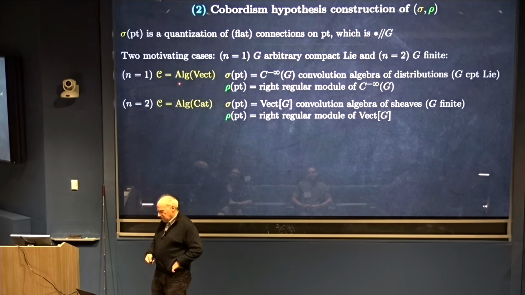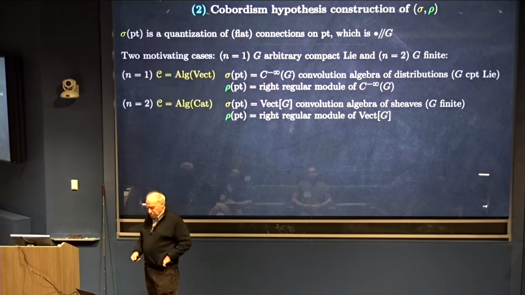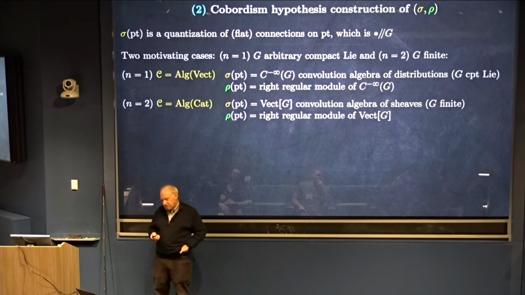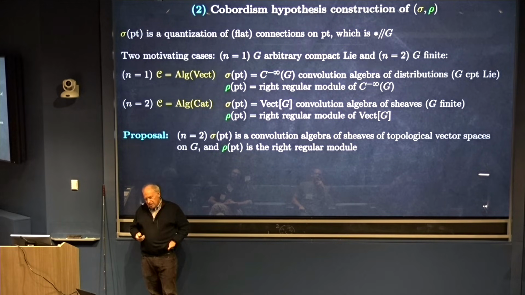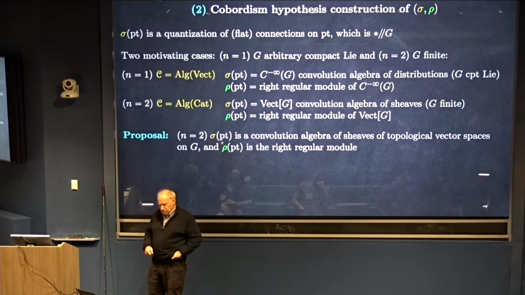For n equals 1, we had two different quantizations. In the case when G is an arbitrary compact Lie group, we had this convolution algebra of distributions, I guess one quantization. And for n equals 2, we had two of them. This convolution algebra of sheaves is the one that's relevant here. So the proposal, at least for n equals 2, this was for a finite group, and now we're going to do this for a Lie group.